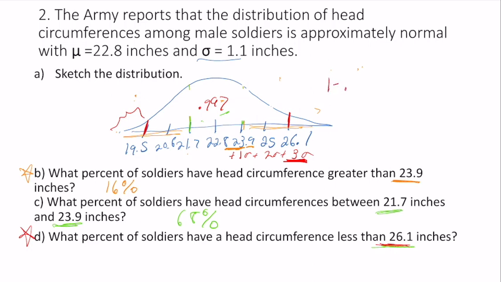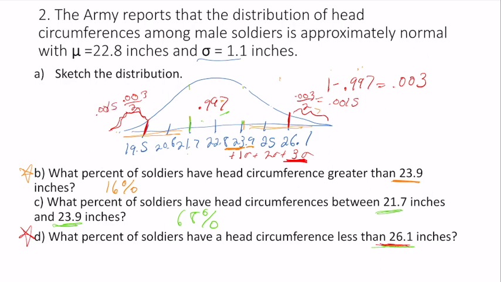If I take 1 minus 0.997, that leaves me with 0.003. So that's going to be the area in both of these tails. But again, I have to divide it by 2 because it's symmetrical. So I'm going to take 0.003 divided by 2 on both sides. That gives me 0.0015 is the area in each of these tails.